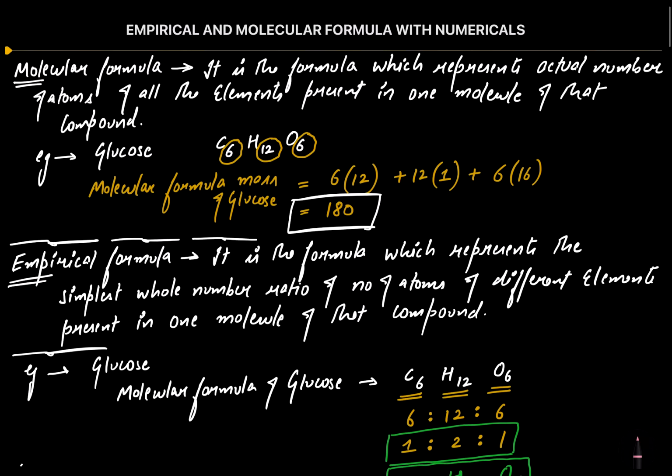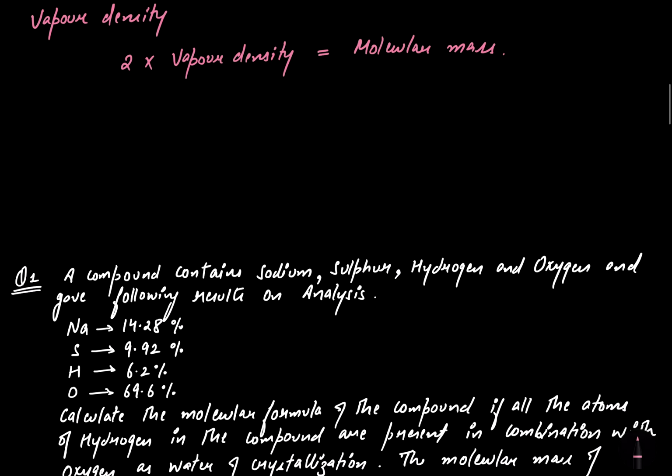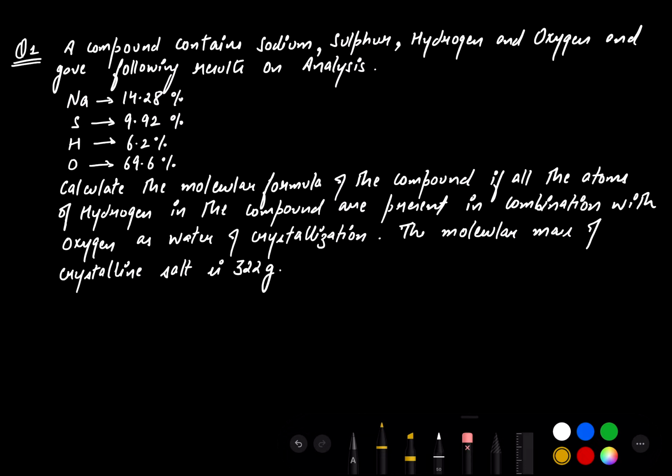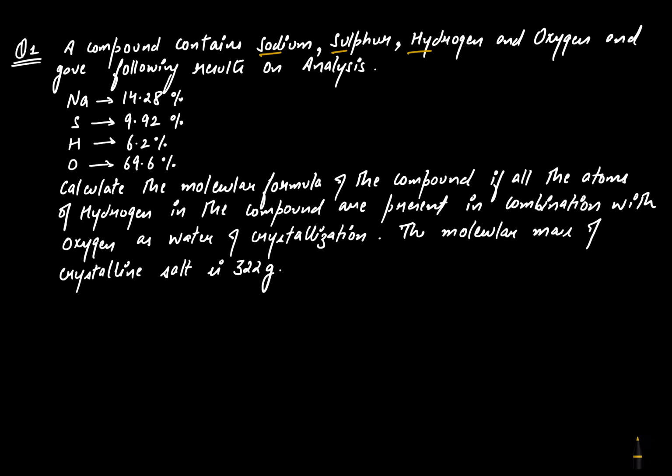Now let's solve some numericals. So that's my first numerical. Now what is it asking? A compound contains sodium, sulfur, hydrogen and oxygen, and gave the following result on analysis.